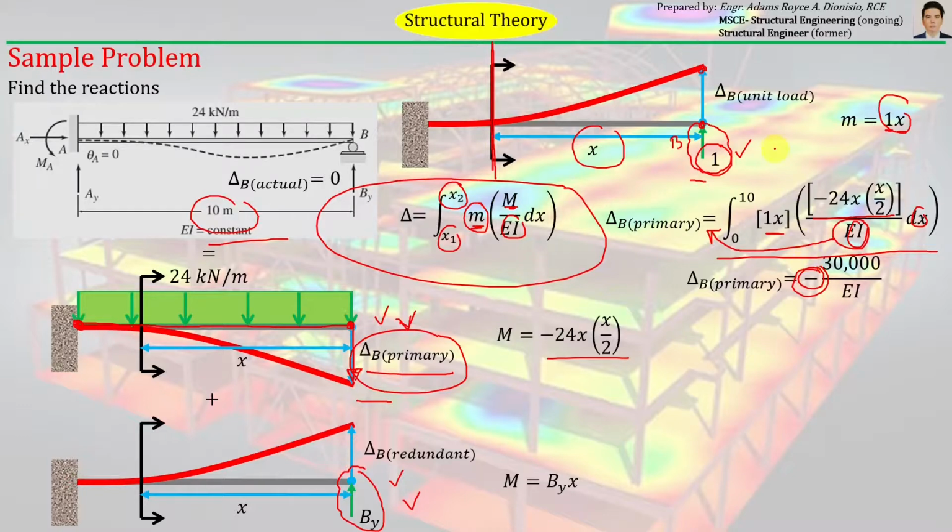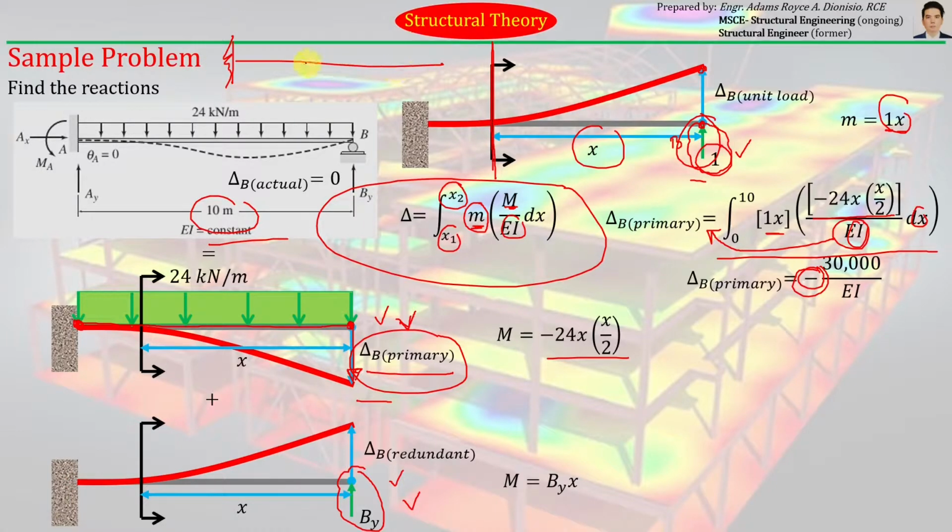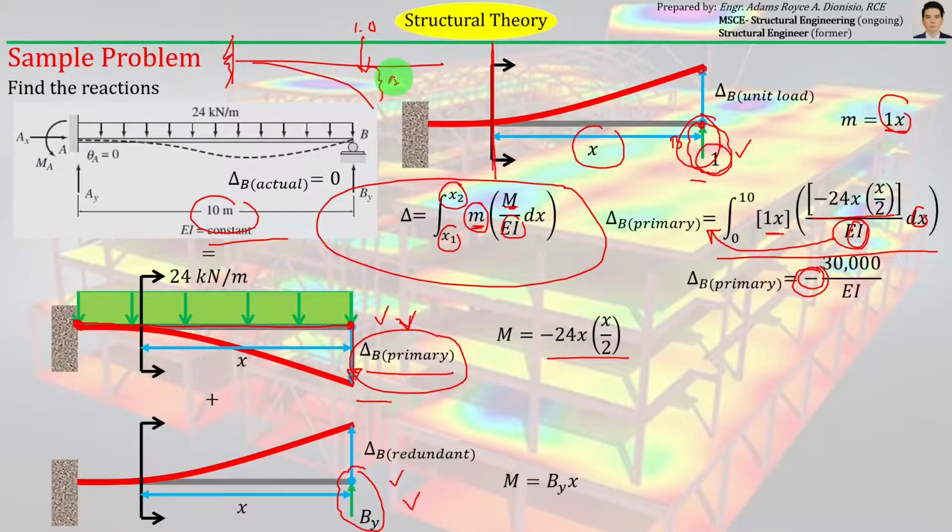Okay, but if we try to construct another structure with the correct direction like this one, with the same direction as the primary structure, we can easily see that the moment equation for that will just be equal to negative 1 times x.